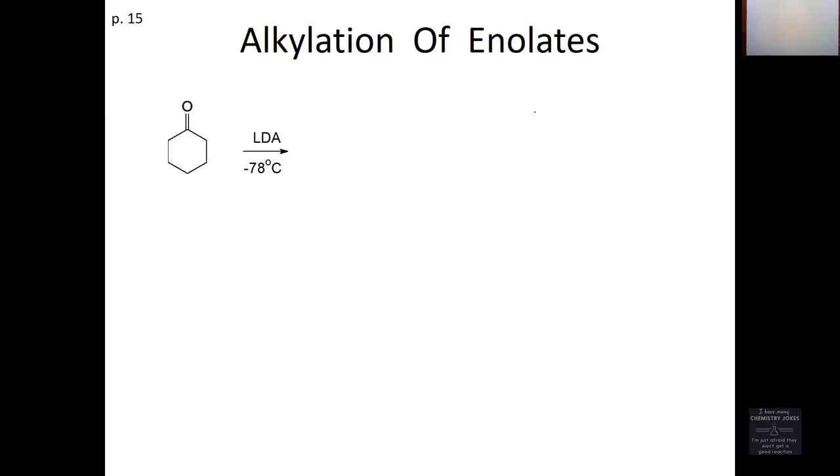Atom economy means how many of the atoms in your reactant that you begin with end up in the product that you end with. When you start with diethyl malonate, in the end, the product that you make has 2 carbons from diethyl malonate and 1 oxygen from diethyl malonate. Otherwise, all those other atoms are completely wasted.